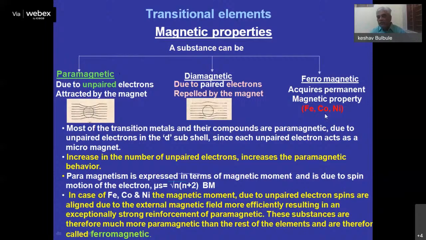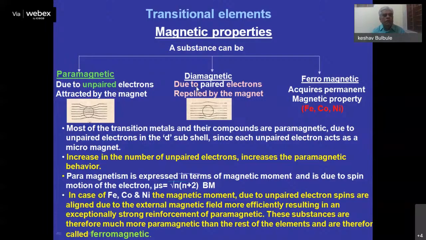That means these can be easily and permanently magnetized when rubbed with another magnet in only one direction. And all this is because D block elements are paramagnetic in nature. Why? Because they have got unpaired electrons present in the D subshell.